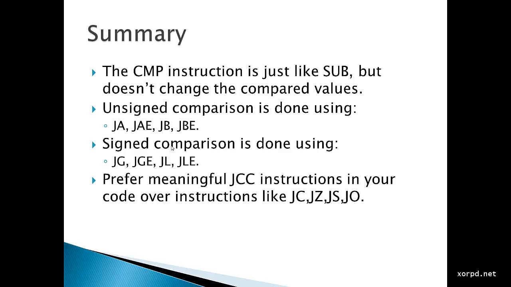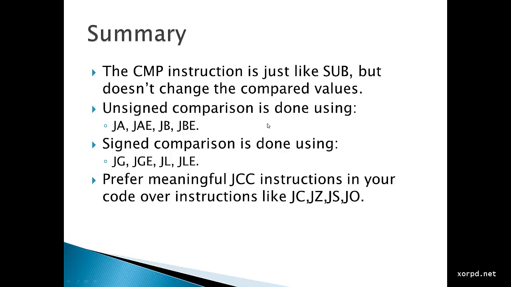Summary. We learned that the compare instruction is just like the sub instruction. However, it doesn't change the compared values. It does affect the flags. Unsigned comparison should be done using those instructions: jump above equal, jump below, and jump below equal.